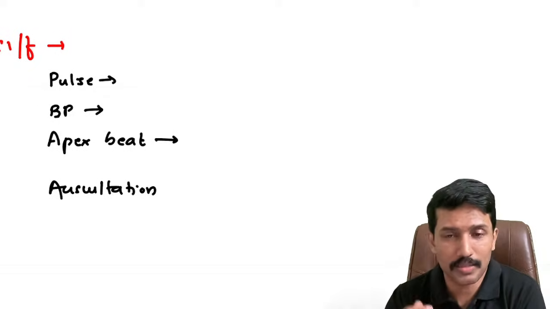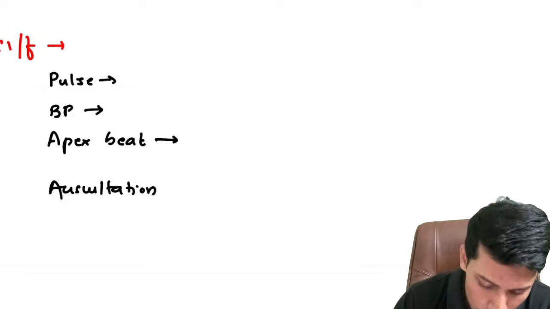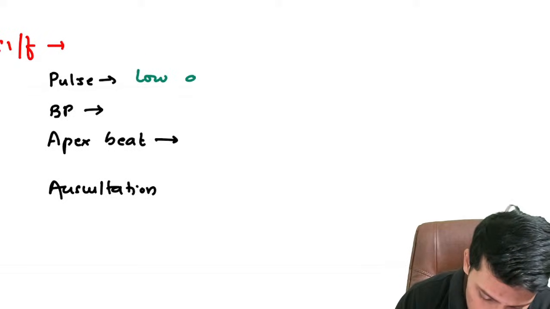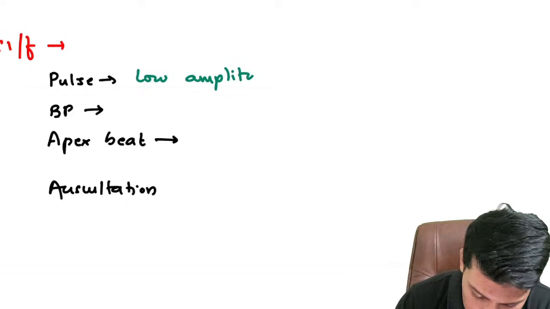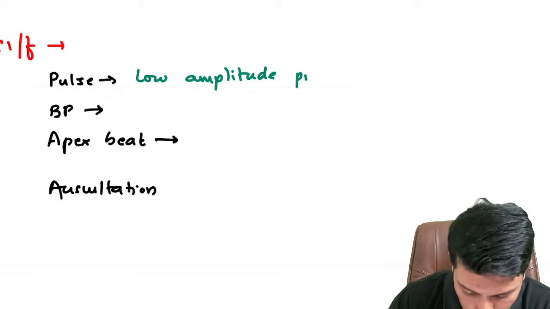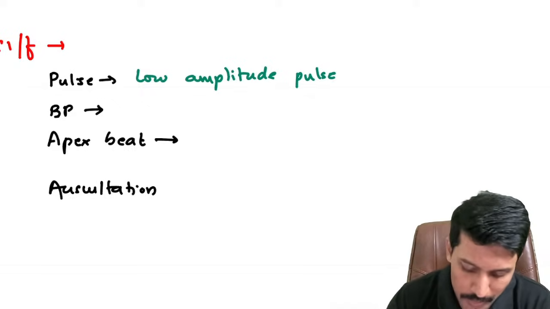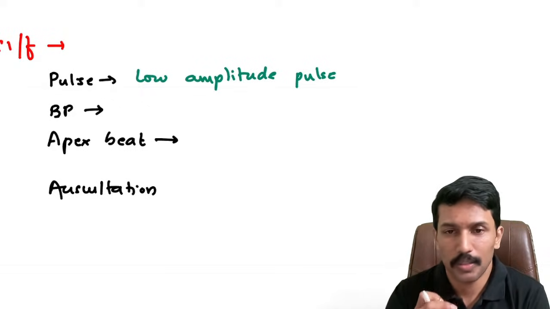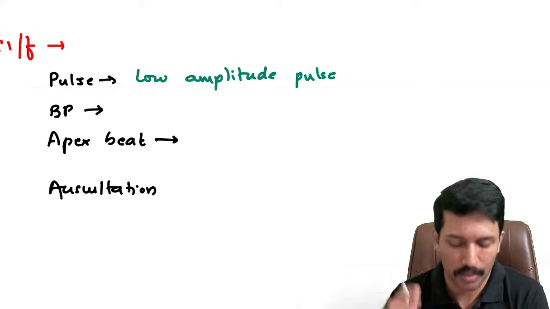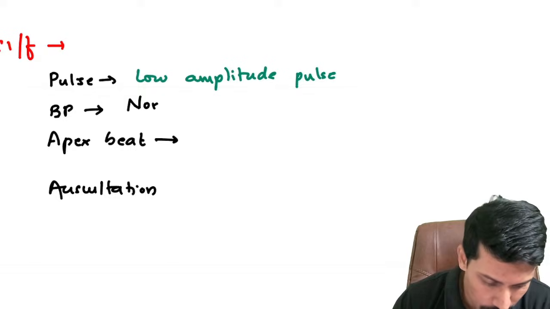Here stroke volume is less, so the pulse amplitude will be low. So you will have a low amplitude pulse, which you can also call pulsus parvus, or common terminology, the feeble pulse. The BP is expected to be low because of the low stroke volume, but it gets countered by RAS, so you're expecting it to be normal.